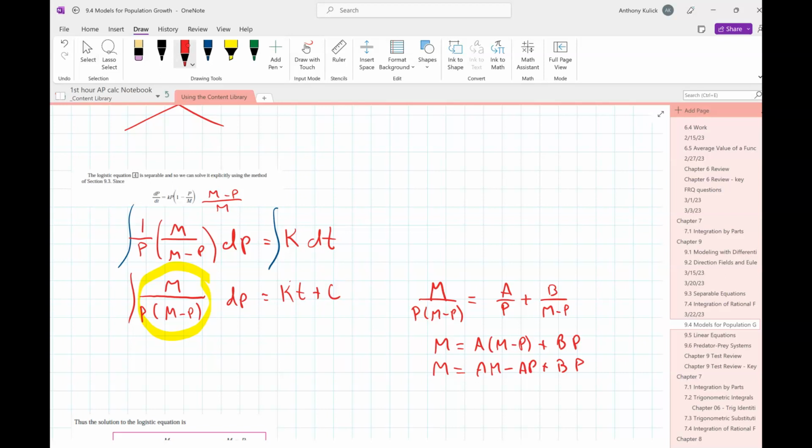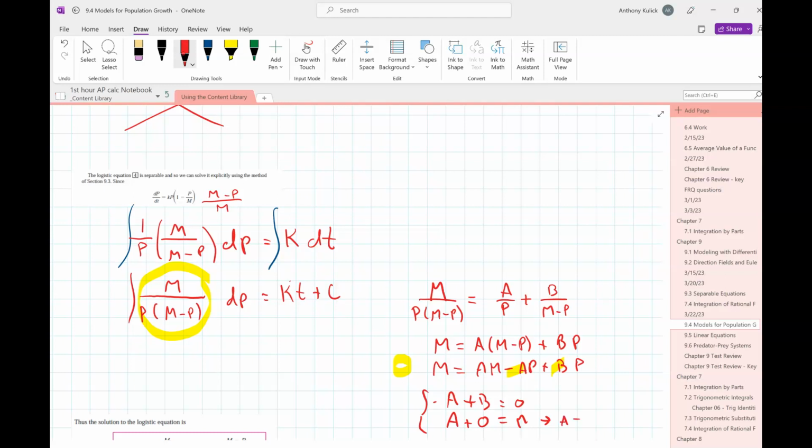So I have the system: negative a, because I have the parts that give me a coefficient for p. There's no p on that side. So I just have negative a plus b equals 0. And then I have a plus 0 equals m, because there's no just regular b term.